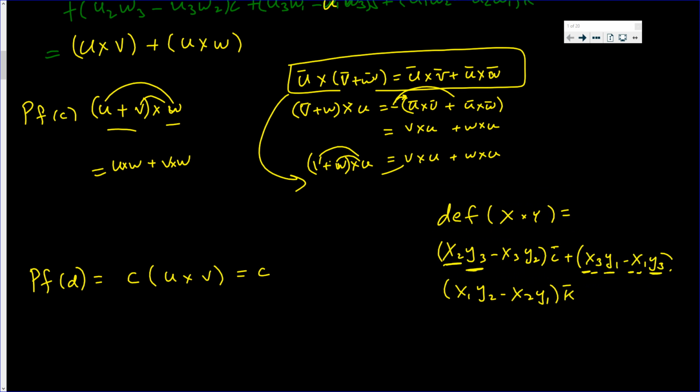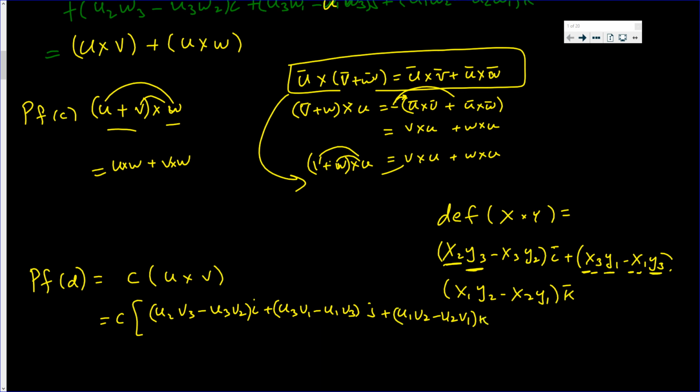Okay, so that is going to equal C times, now U cross V is U2V3 minus U3V2 in the I direction, plus U3V1 minus U1V3 in the J direction, plus U1V2 minus U2V1, and that's in the K direction.